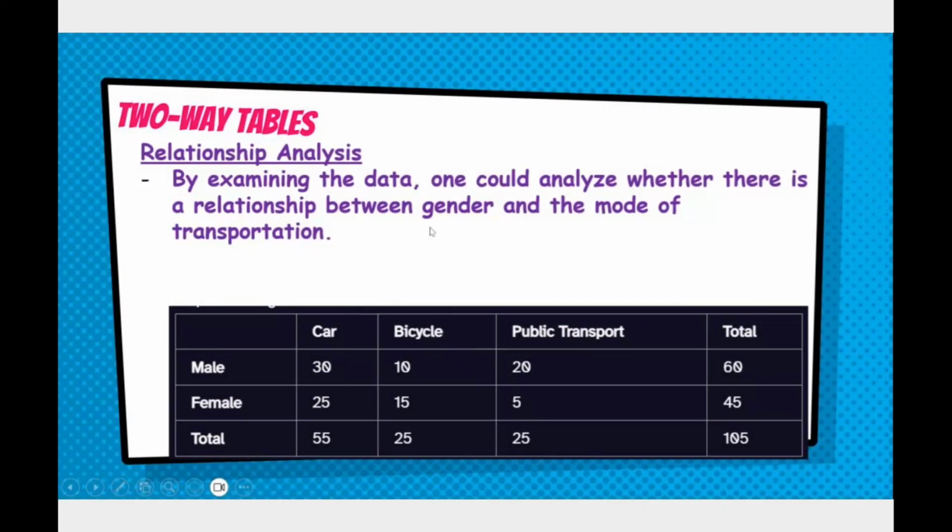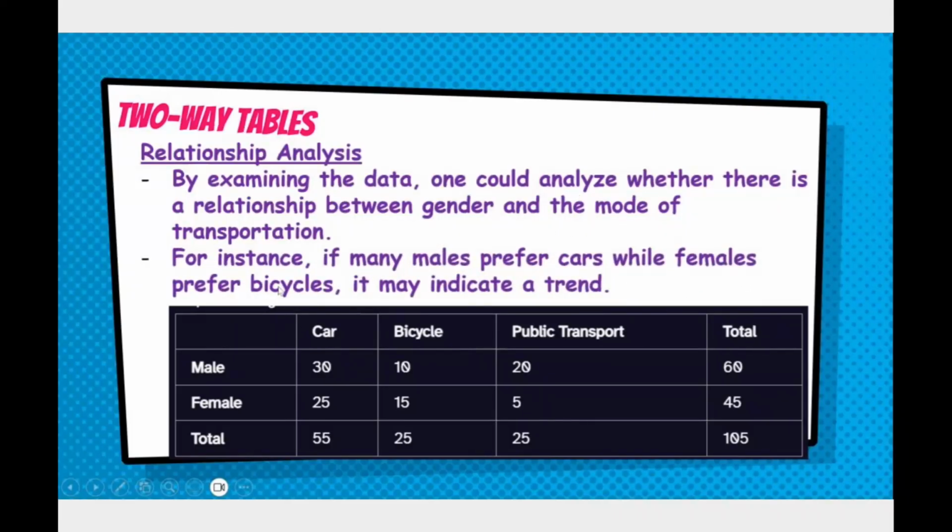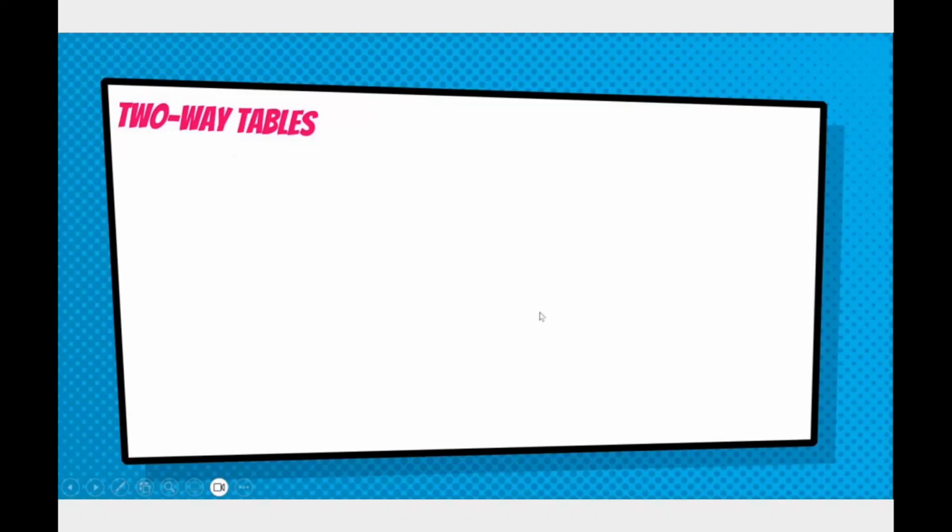For our relationship analysis, by examining the data, we could analyze whether there's a relationship between gender and the mode of transportation. For instance, if males prefer cars while females prefer bikes, that may indicate some type of trend.